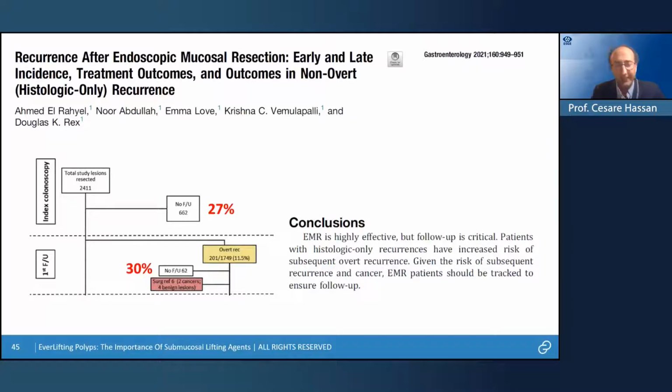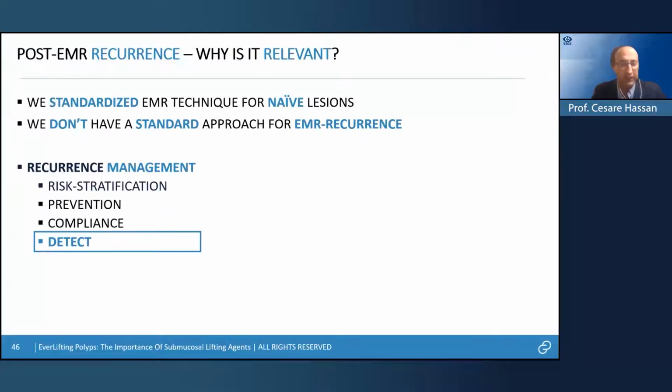Probably they went to another center, but again, this is a rupture of the follow-up process. Then after patients came back and had the first recurrence, in 30% they didn't come back to see whether they had a second recurrence. This continued up to the fourth surveillance, which is the core of this paper. But let's imagine that our patient comes back.